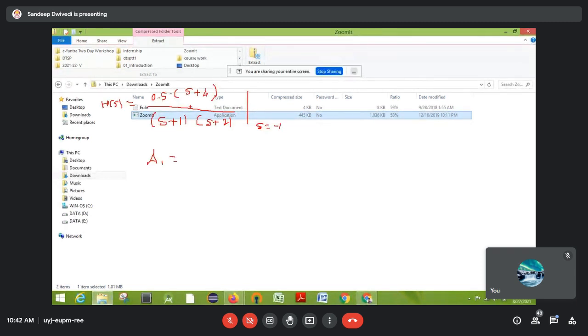So this (s plus 1) will be cancelled and s has the value minus 1, so you put that: 0.5 into (minus 1 plus 4), which is 3, and then (s plus 2) becomes 1. So this will be simply 0.5 into 3, which is 1.5.